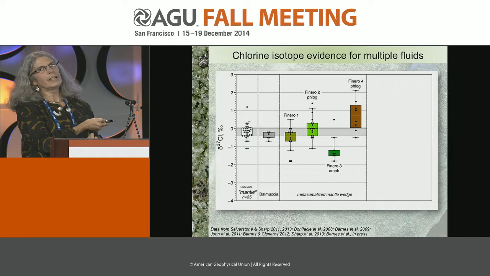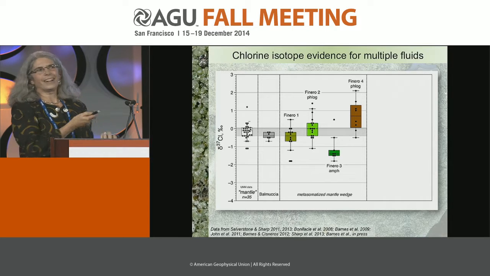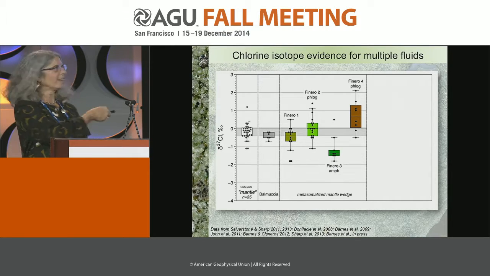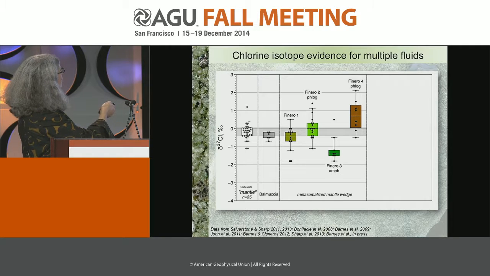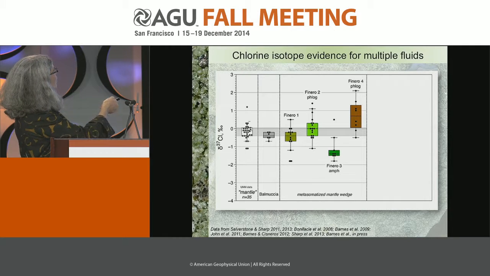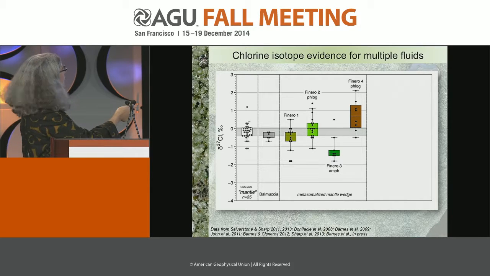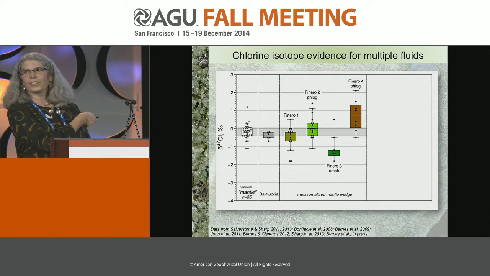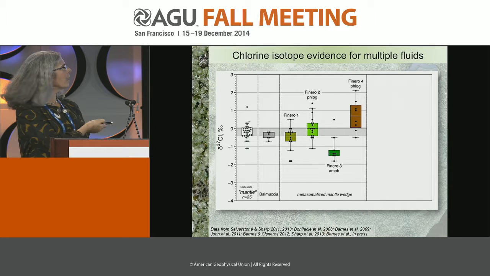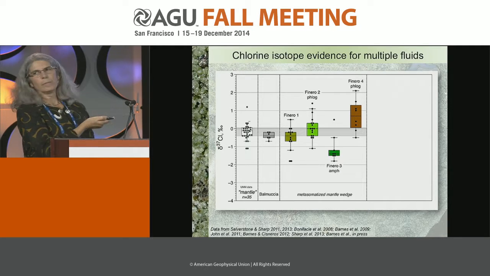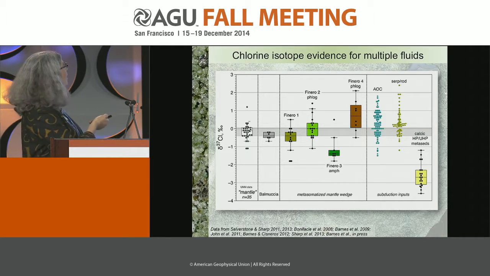But there's no way we're going to be able to explain these data as any kind of simple 2-component mixing. So we have mantle-like values, but we have things that are pulled to higher chlorine isotope compositions and to lower values as well. So we have to be looking at at least a 3-component mixing system here.